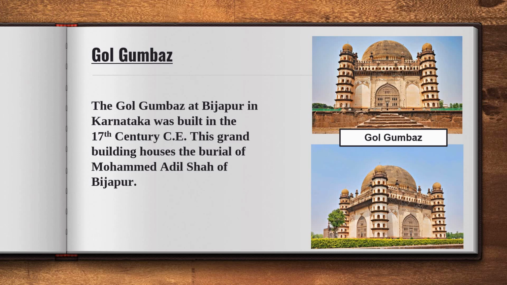Although the Mughal Emperor Aurangzeb was defeated, the Adil Shahi dynasty left a legacy of outstanding Islamic buildings, including the domed tomb of Gol Gumbaz and the mausoleum of Ibrahim Rauza. We are going to talk about the Gol Gumbaz.